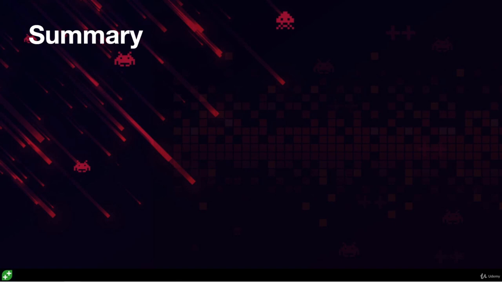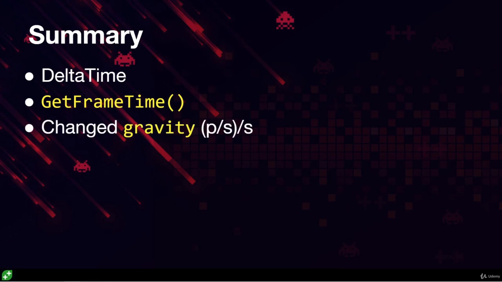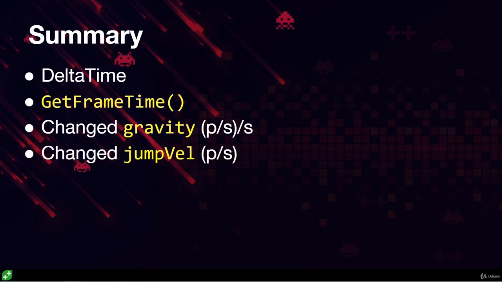Okay, so in summary, we've learned about delta time and how delta time is the time between frames. We learned that we can get delta time by calling getFrameTime, a raylib function. We changed our gravity so that it has units of pixels per second, independent of frame time. We also changed our jump velocity to pixels per second as well.